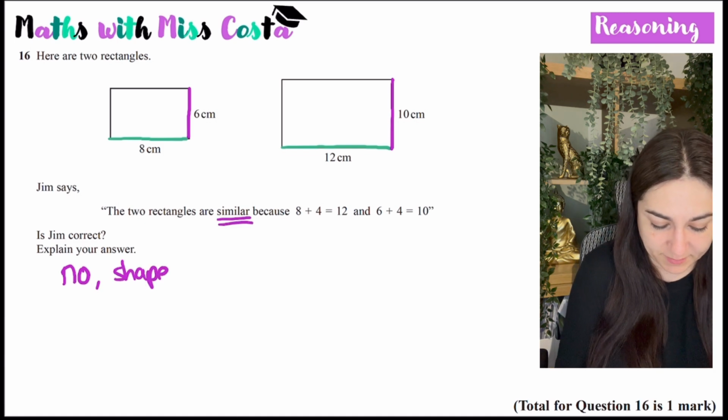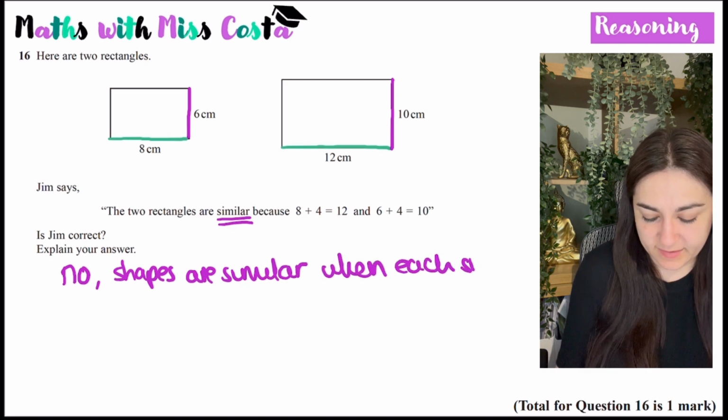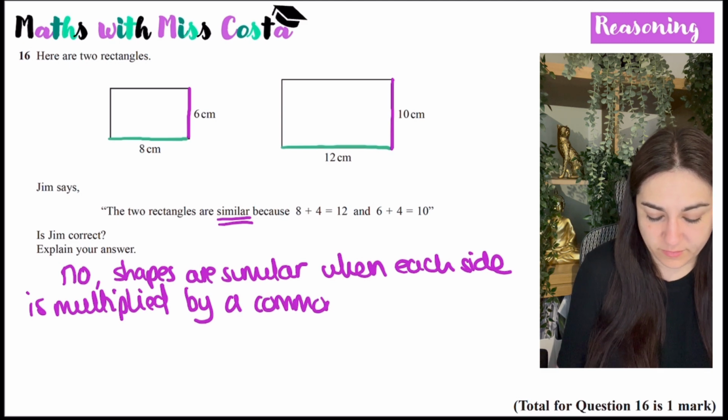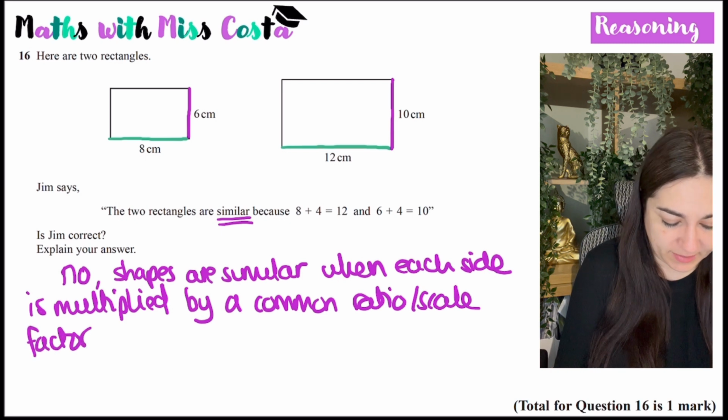So shapes are similar when each side is multiplied by a common ratio or scale factor. This is kind of complicated language, so I'll explain what I mean.